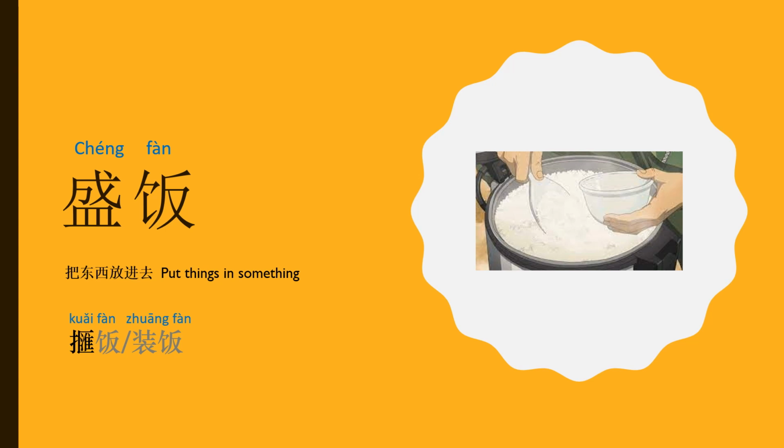The character 蒯 is very interesting because I've been saying this word my whole life, but I didn't know how to write it until I started to search for it. So 蒯 is really an uncommon character to write. However, we say that every single day in my family. 蒯饭.